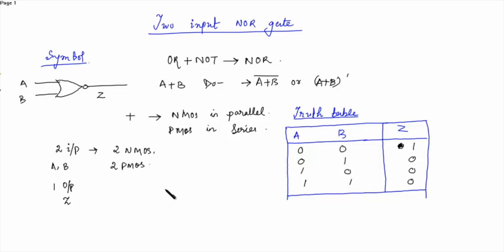Now let's see the schematic diagram of a two input NOR gate.